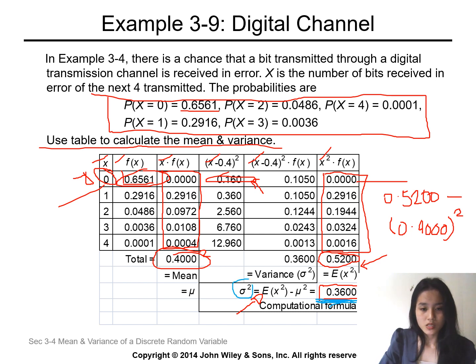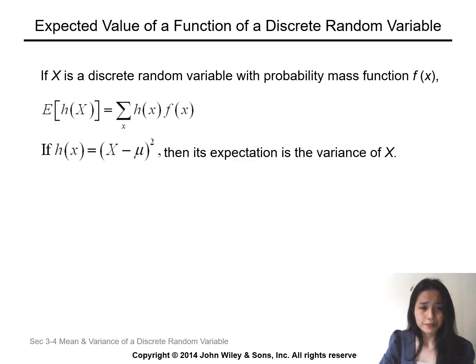The next one is the expected value of a function of a discrete random variable. If x is a discrete random variable with probability mass function f of x, and h of x is equal to x minus mean squared, then its expectation is the variance of x. This is the expected value.